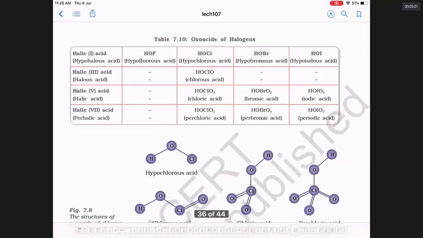HOF cannot be taken as an oxyacid because here fluorine is negative and O is positive. Though it is hypofluorous acid, strictly it is not an oxyacid. That is the only compound fluorine can give. In all other oxyacids, essentially oxygen gets the negative charge.